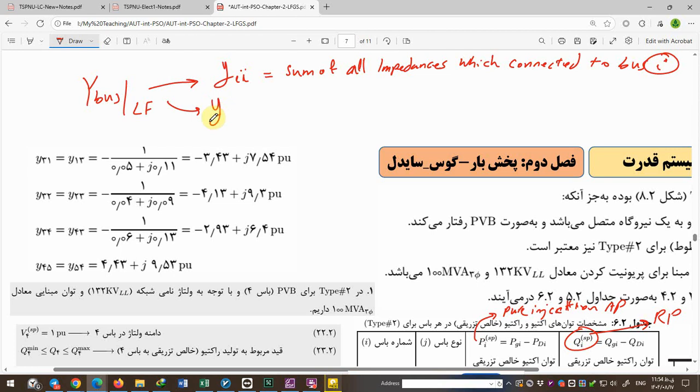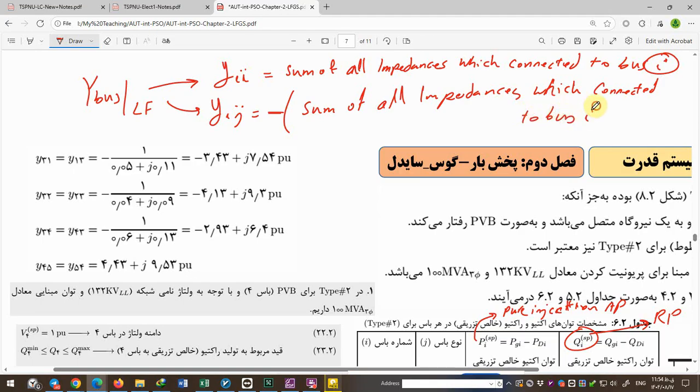And Yij is minus the sum of all impedances connected between bus i and j.